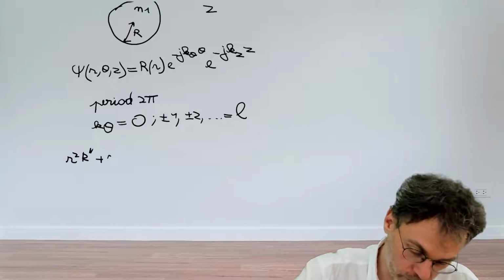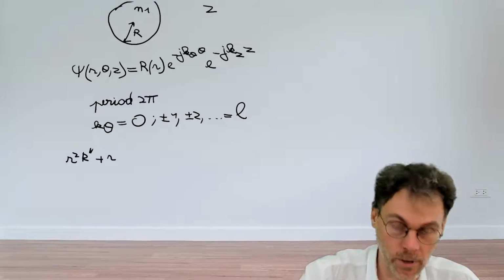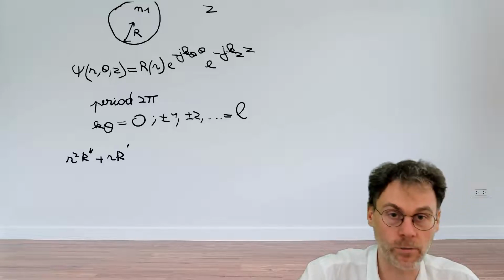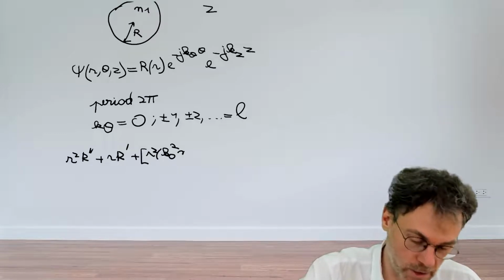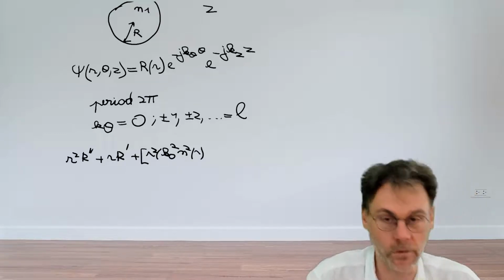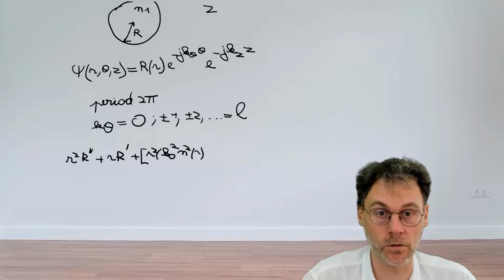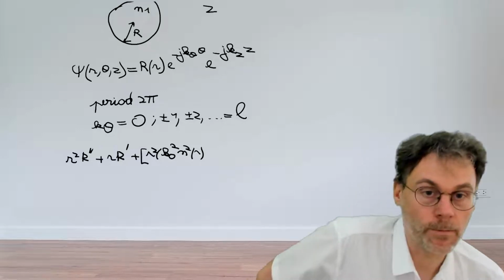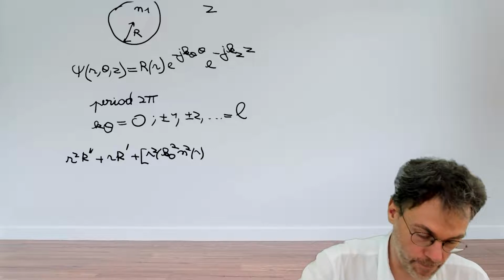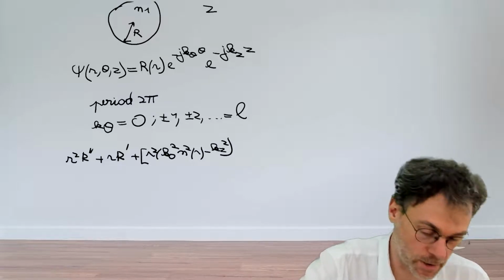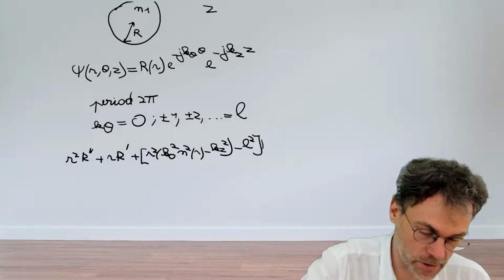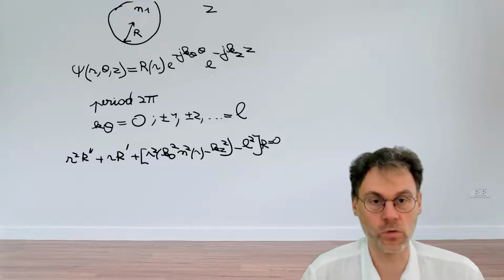So r squared R double prime, plus r R prime, plus r squared, k0 squared n squared, where n, the refractive index, is a function of the radius, minus kz squared, minus L squared, is equal to 0.